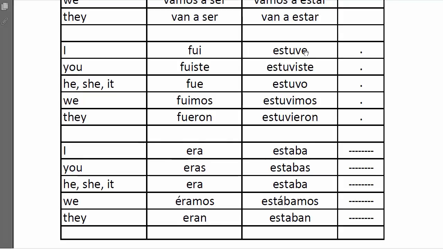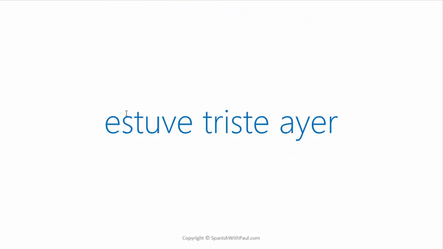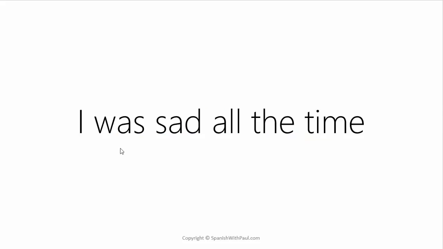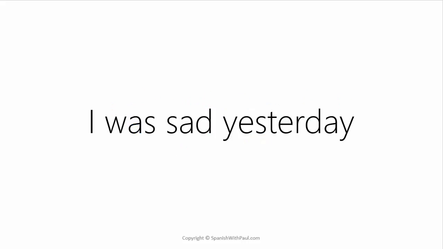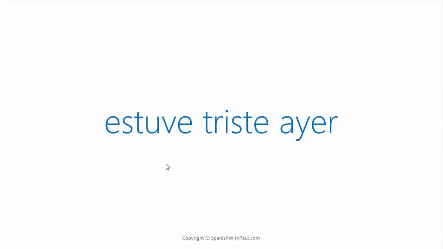This one now would be estuve triste ayer. So you see that thought process that happens between I was sad all the time, which is going to be estaba triste, but I was sad yesterday, estuve triste. In both cases, we have I was.